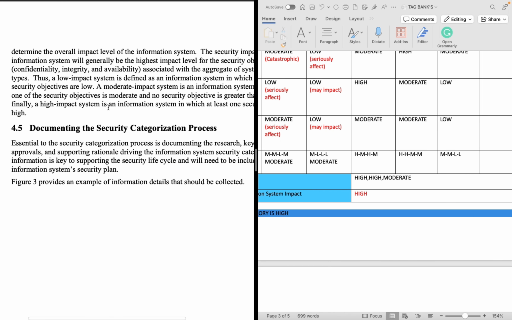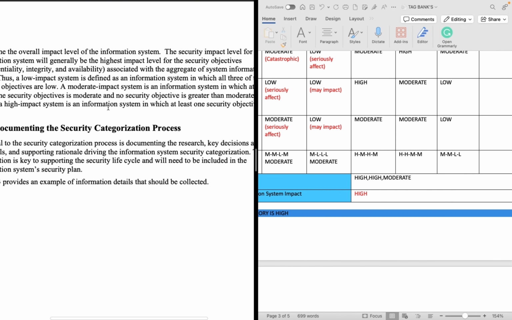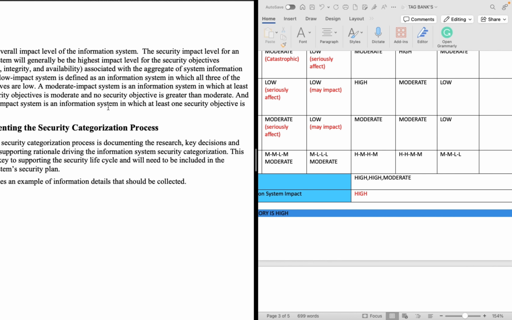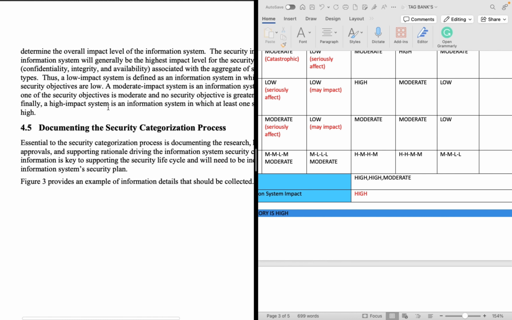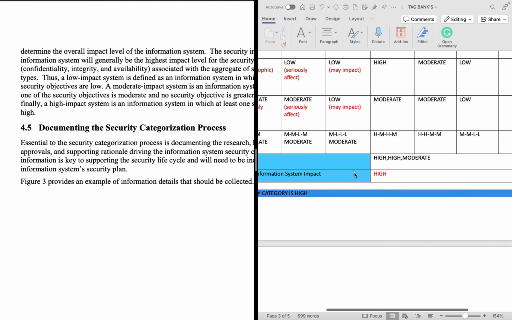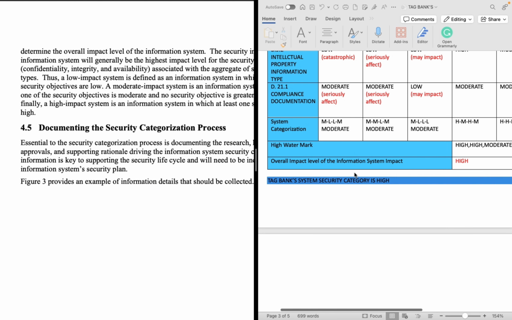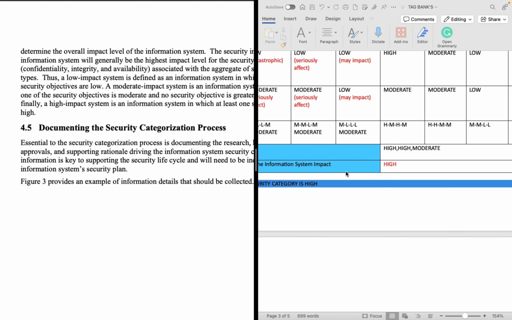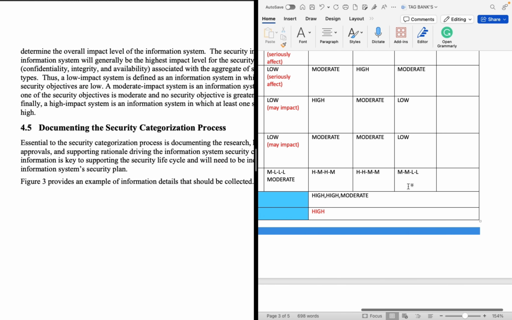Now, finally, a high impact system is an information system in which at least one security objective is high. And that is what we have here. At least one security objective is high. So our overall impact level of the information system will be high. So we have a high impact system.